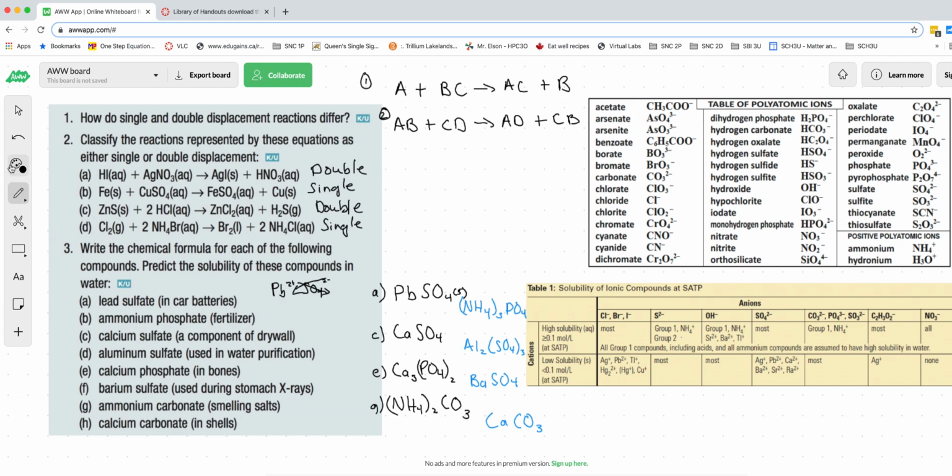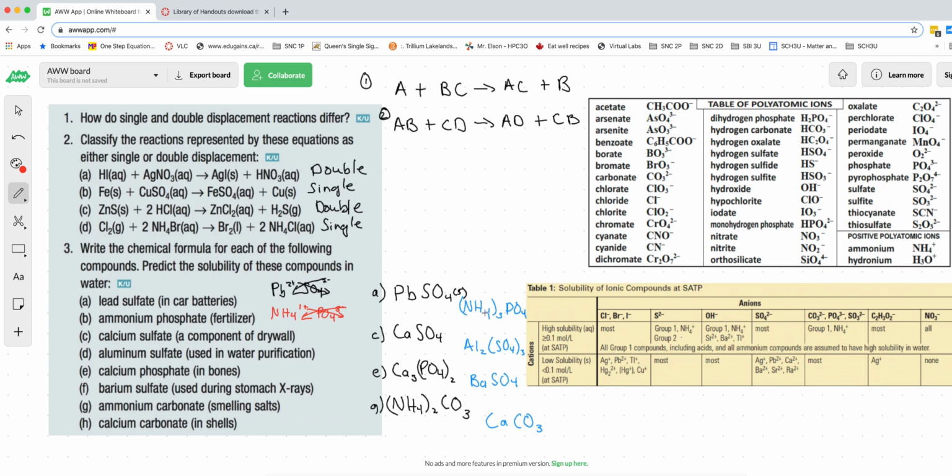Now for B, it's ammonium phosphate. Ammonium is our positive polyatomic ion with a 1+ charge, and phosphate is here with a 3 negative charge. So again, these are all ionic, which means that we use our crisscross rule, and we have to use brackets for polyatomics.